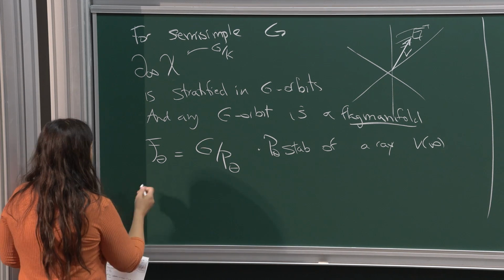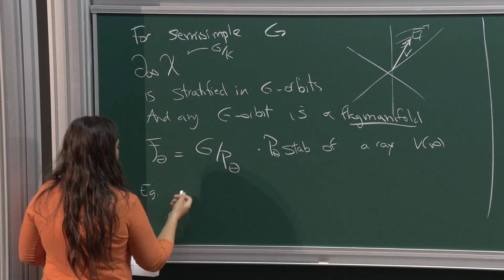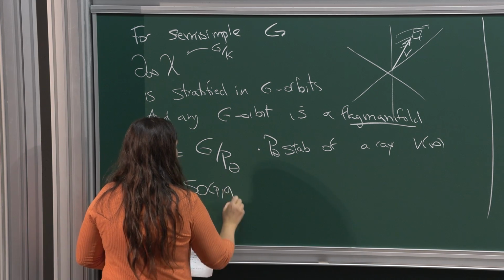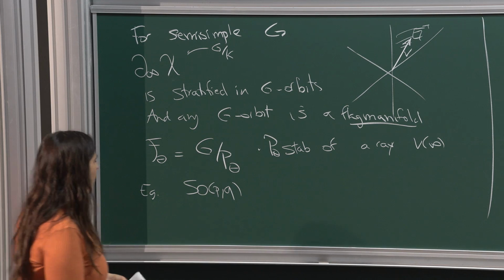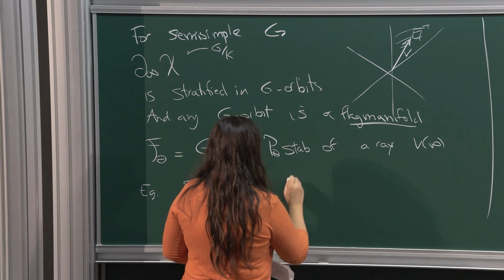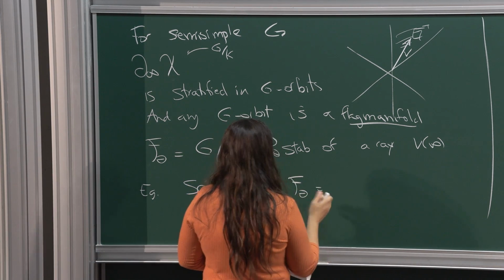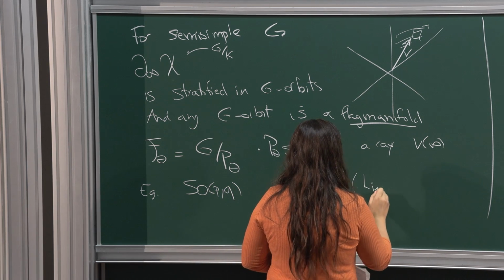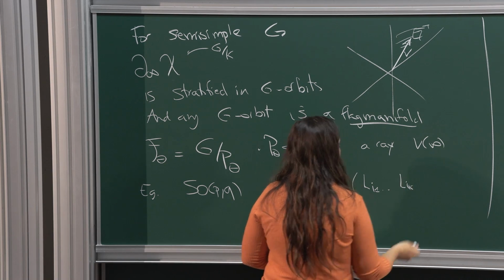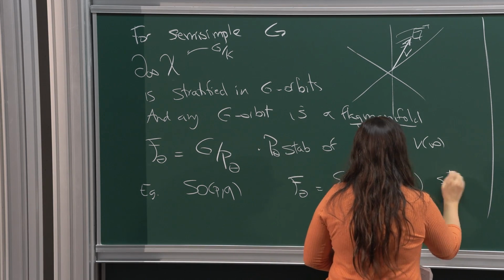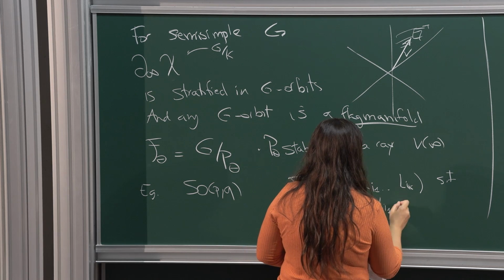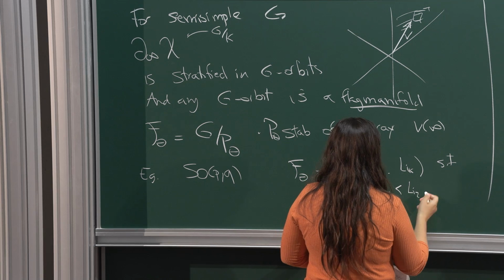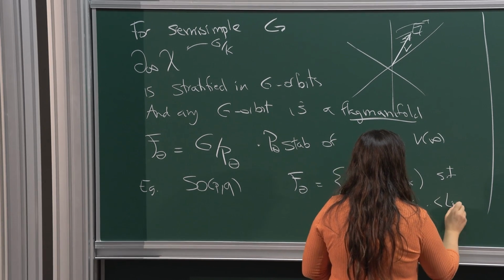For example, if I take SO(p,q) as my group G, then F theta is all sets of the form L_{i1}, ..., L_{ik}, such that L_{i1} is a vector subspace of L_{i2}, and so on up to L_{ik}.